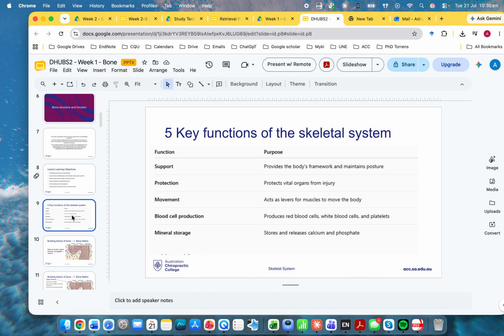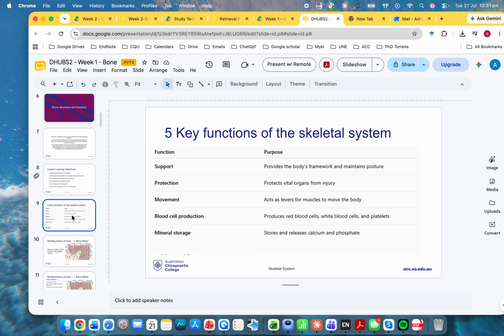And so for me to be held accountable for that concept in an assessment of any type, then the type of question that I'm asking myself is fairly obvious. I would be asking myself, what are the 5 key functions of the skeletal system? And in my answer, for example, on my flashcard, I would have support, provides the body's framework and maintains posture; protection, protects vital organs from injury; movement, acts as levers for muscles to move the body; and so on.